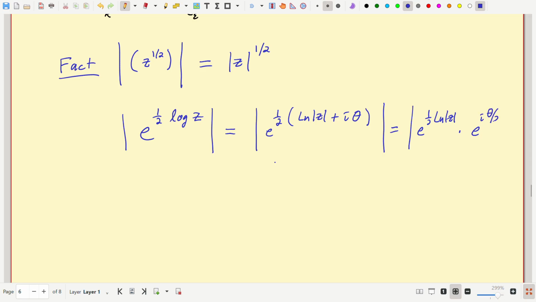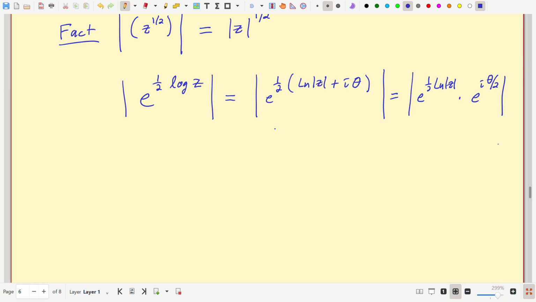Of course, we're choosing a theta when we make that branch, but whatever we choose, it doesn't matter. That's equal to e to the 1/2 log mod z times 1, since the modulus of e to the i theta over 2 is 1.